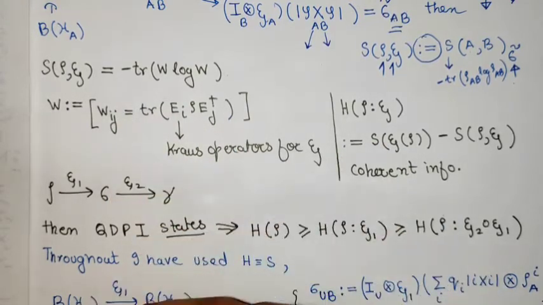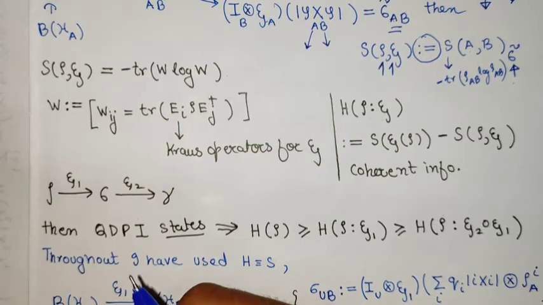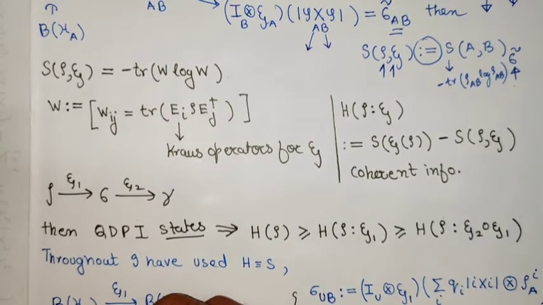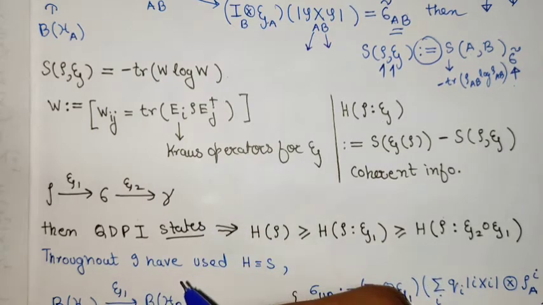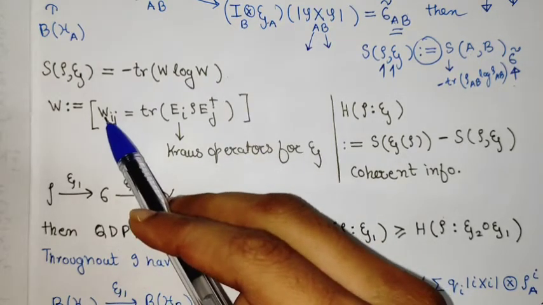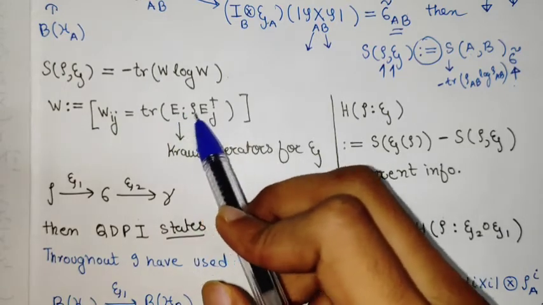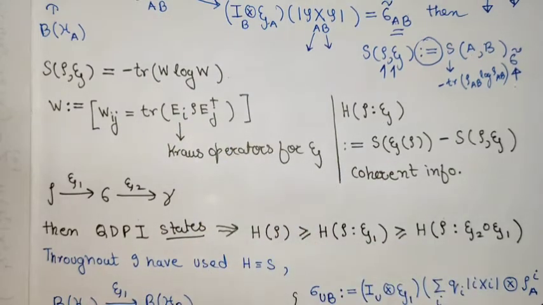Any CPTP map has a Kraus operator representation, a Stinespring dilation. We have all discussed this. In particular, the matrix elements W_ij are related to this particular form of Kraus operator.